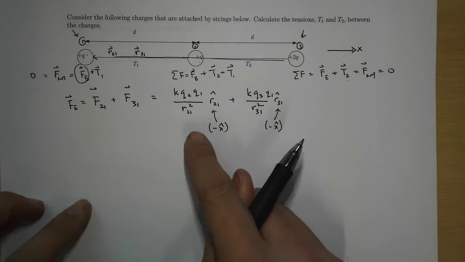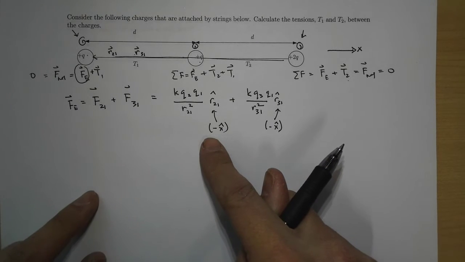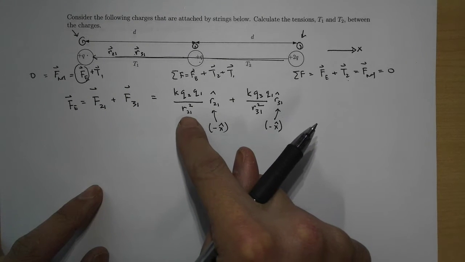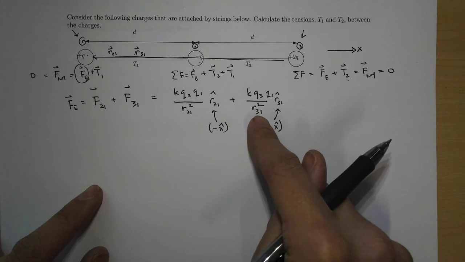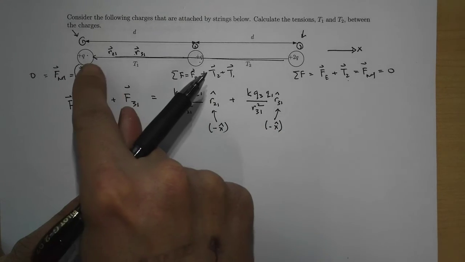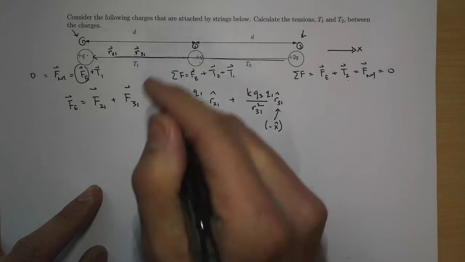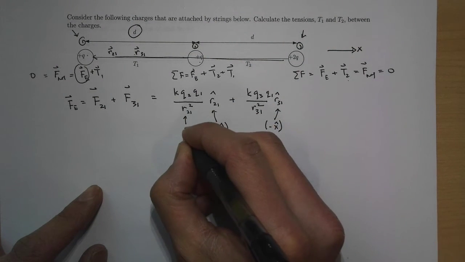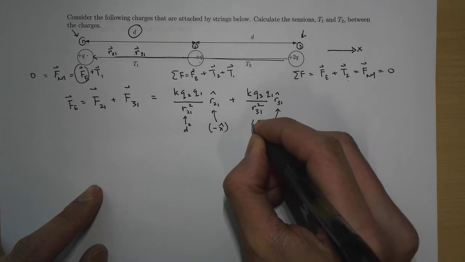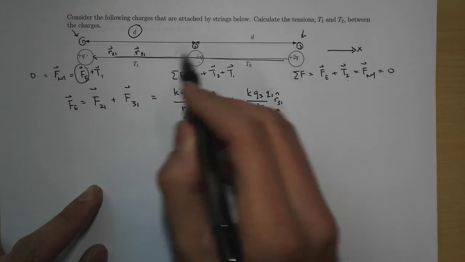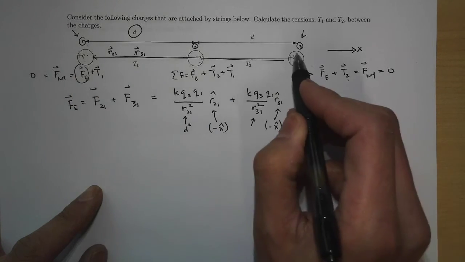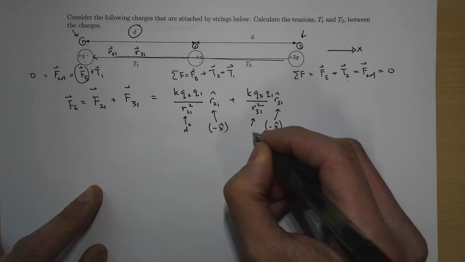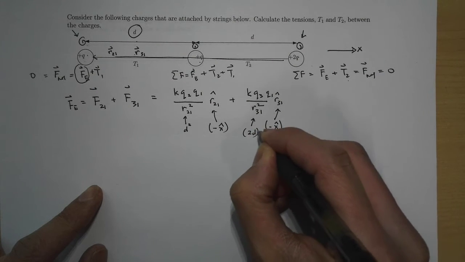Now the only thing we have left to do is to figure out what R21 and R31 are. Well, R21 is the distance between these charges, and that is d, so this is just going to be d squared. And this one is the entire distance, from here all the way to here, so that is actually 2d squared.